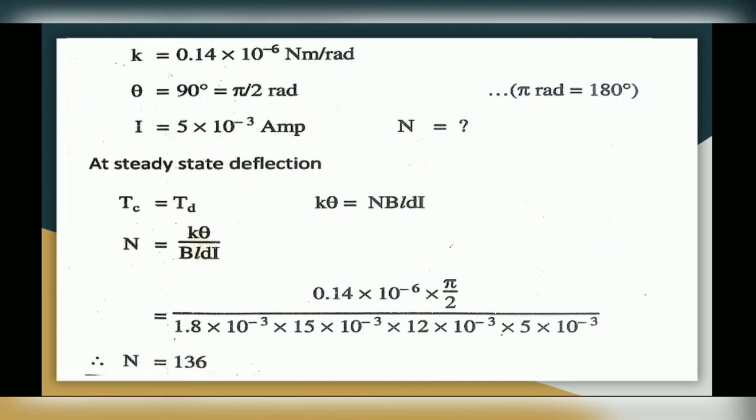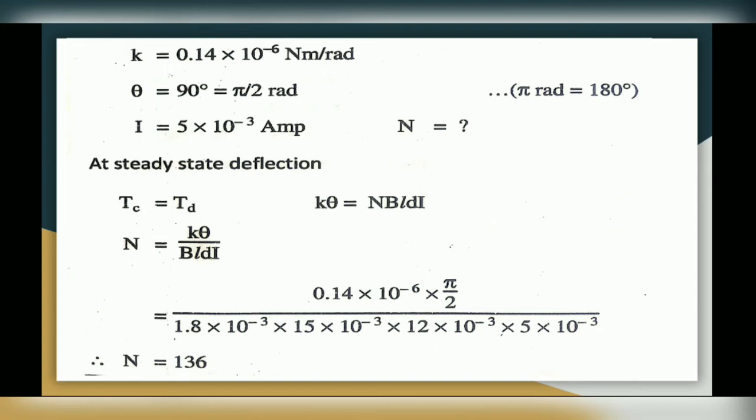You have the formula for steady state deflection, TC equals TD, that is K theta equals NBI L into D. From that formula you can write for number of turns, N equals K theta upon BLDI. So put these values in the equation.